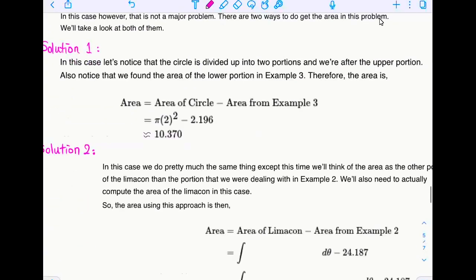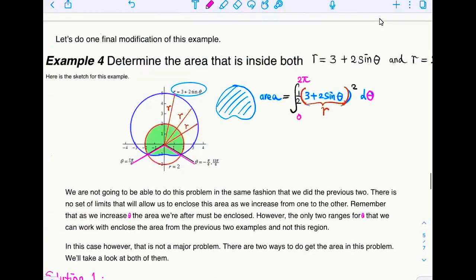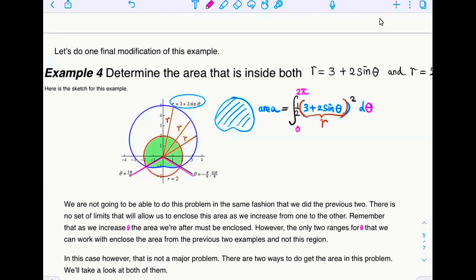I have a question. Sure, go ahead. The domain of theta is from 0 to 2 pi, right? And why is theta negative pi over 6? Oh, it's negative pi over 6?